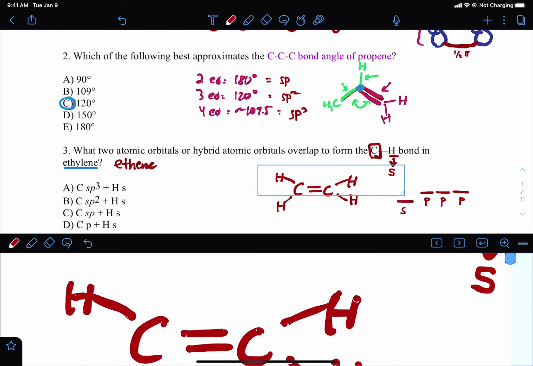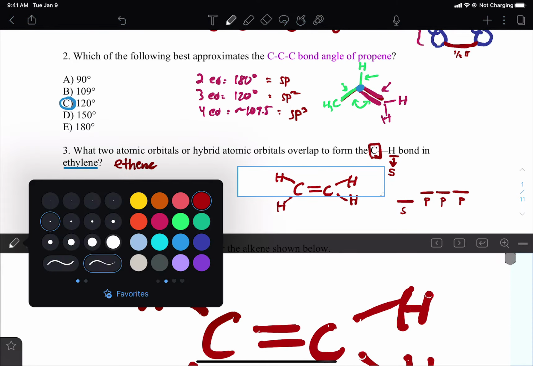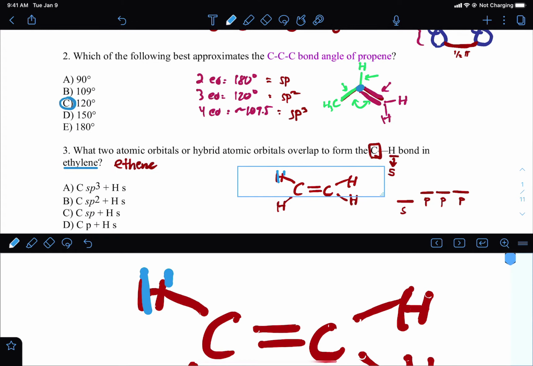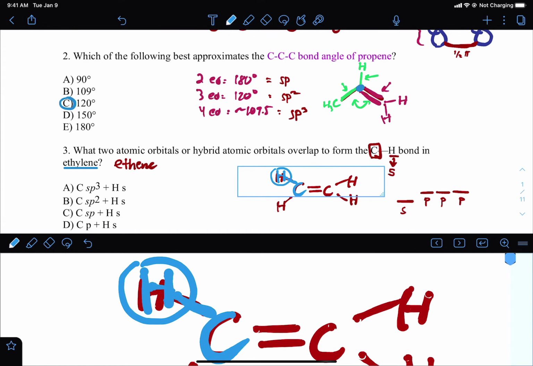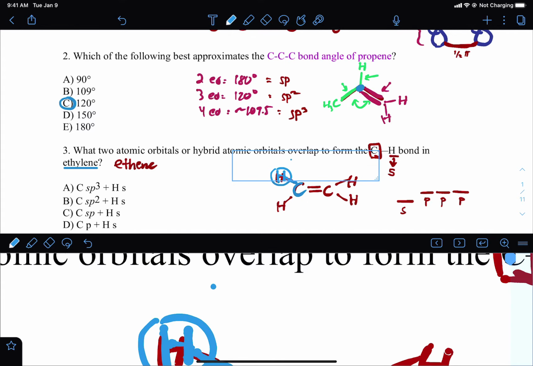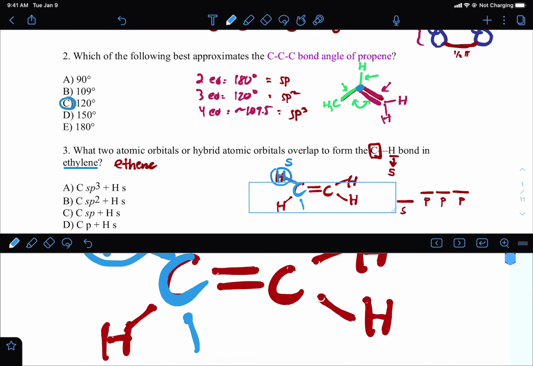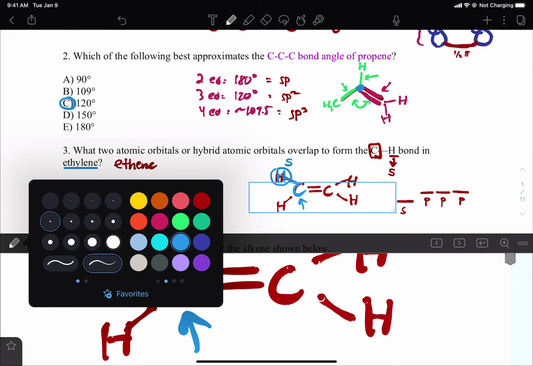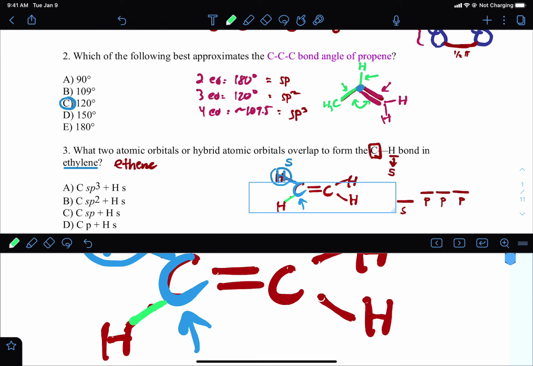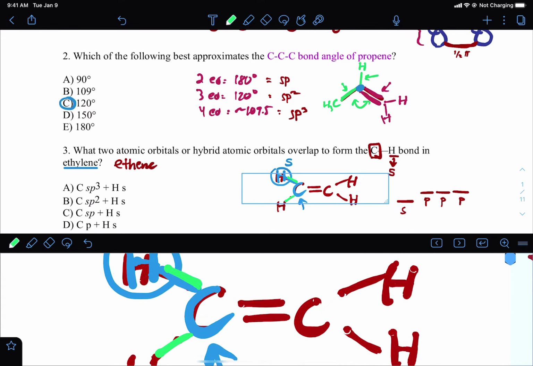So here we should recognize that if we're looking at an H to C bond, we know that the H is always going to be using an s orbital. But for this carbon, we have to say what type of orbitals it is going to use. So there are 3 electron domains. That carbon has an electron domain to one H, an electron domain to the other H, and then the double bond again counts as a 3rd electron domain.